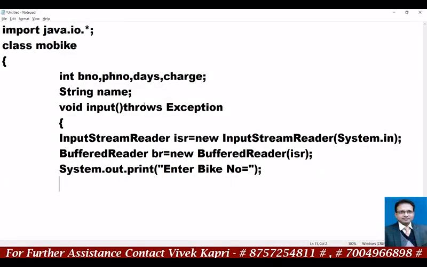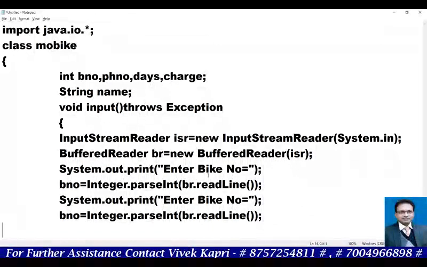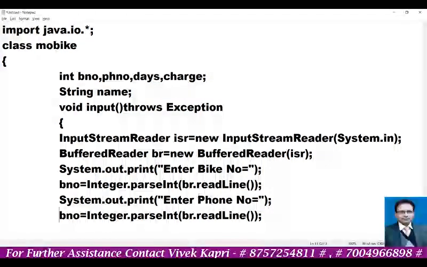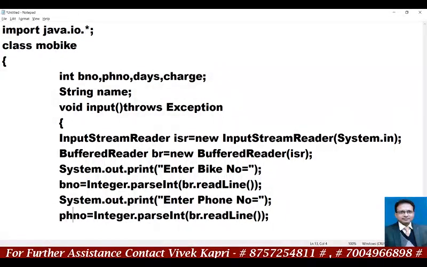Bno is integer type, so we'll use Integer.parseInt(br.readLine()). Now in the second we will take input for phone number: "Enter phone number". The variable will be changed from bno to phno.